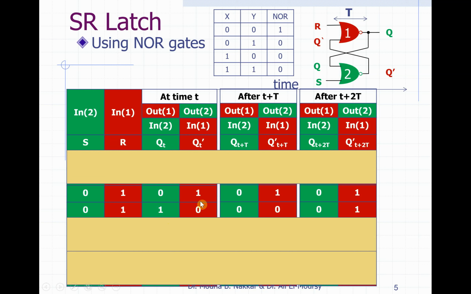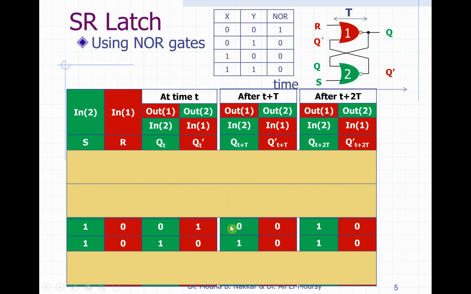That means no matter whether the circuit is originally storing the value 0 or 1, the stored value after 2 tau will change to be 0. We call this the case when S0 R1, I am storing the value 0 or forcing the content of the cell to be 0. That means I am writing to the memory cell the value 0, and Q bar is the opposite.